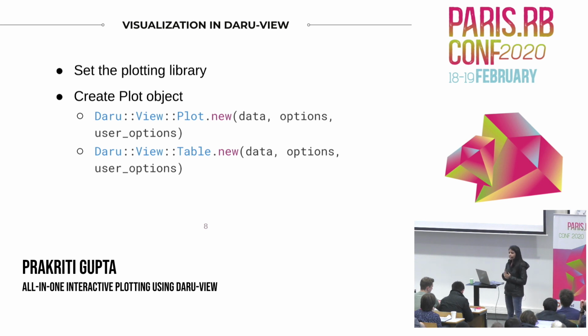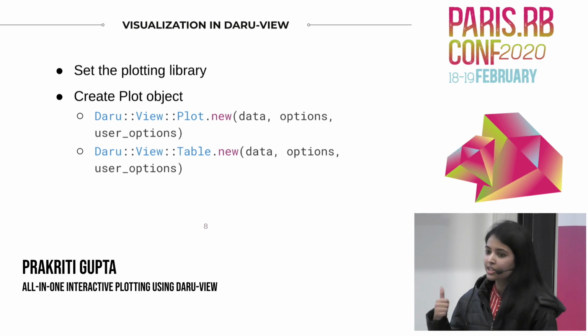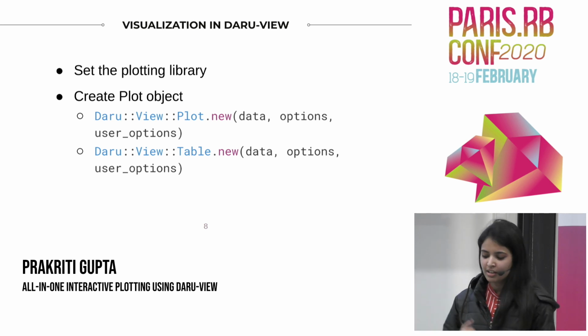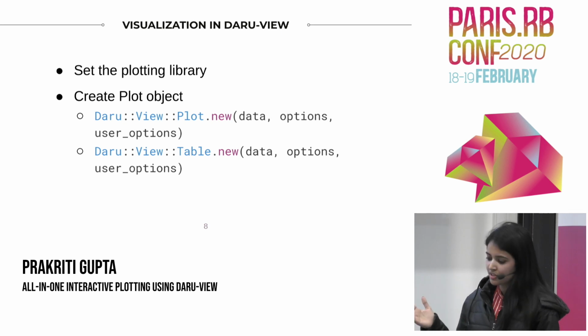Data can be either Daru data frame, Daru vector, data array, or the format that the adapter supports. Options is the hash that contains various options to customize the chart. Options must be according to the options the library is providing. User options are rarely used. These are options created to add extra features in each tool, which are not provided in JavaScript libraries' options.